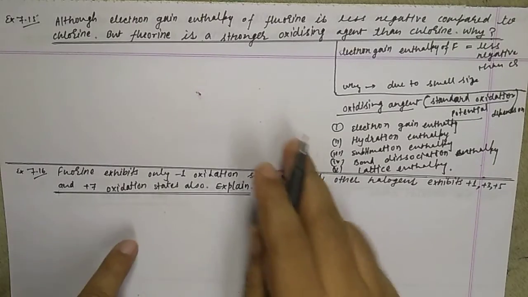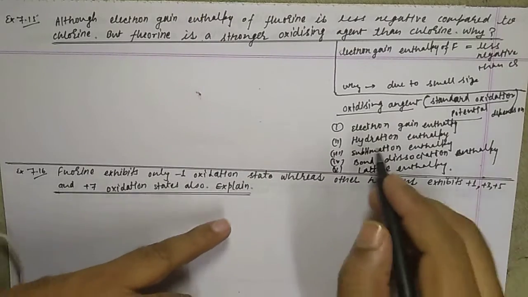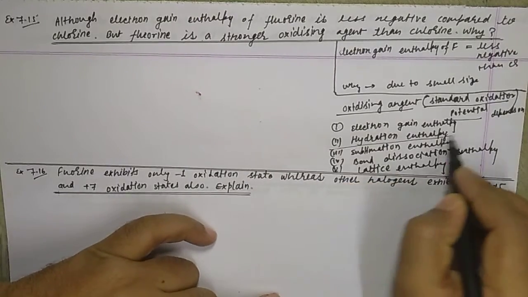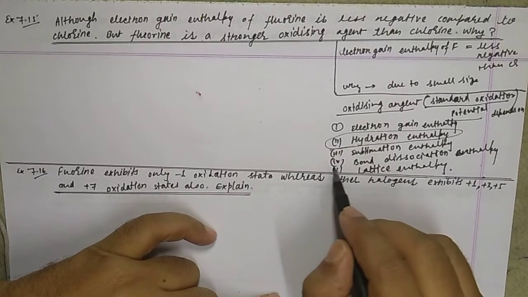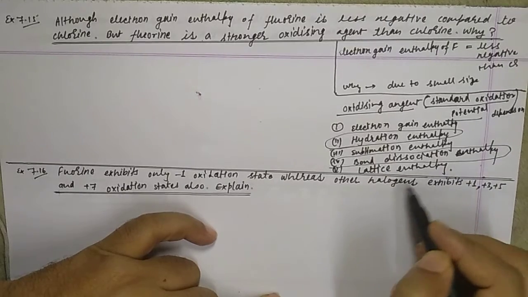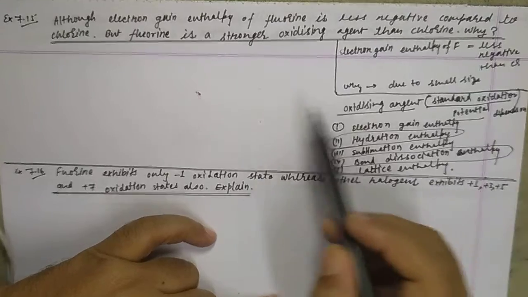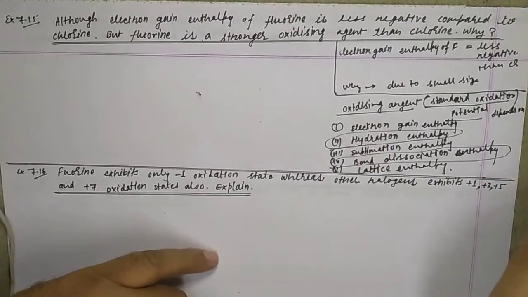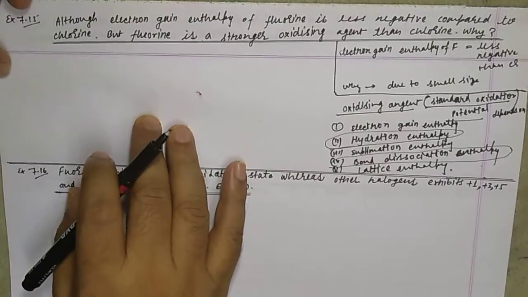Now, in case of fluorine, because of its smaller size it has a high hydration enthalpy, and because of the small size it has a low bond dissociation enthalpy. Due to these two factors, fluorine is a stronger oxidizing agent compared to chlorine. So let us see our answer.